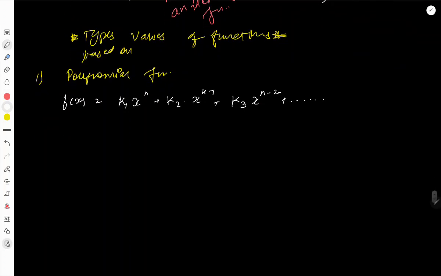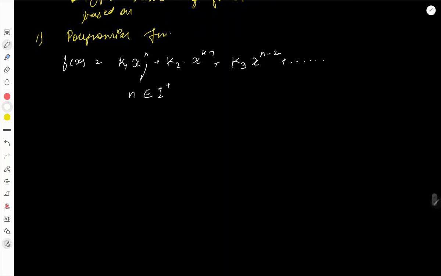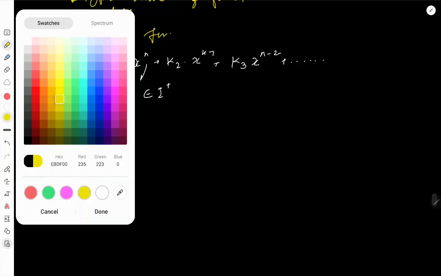This is a polynomial function, and it has a degree n, where n is a non-negative integer. So this is a polynomial function.